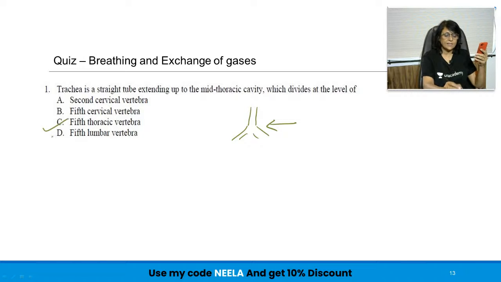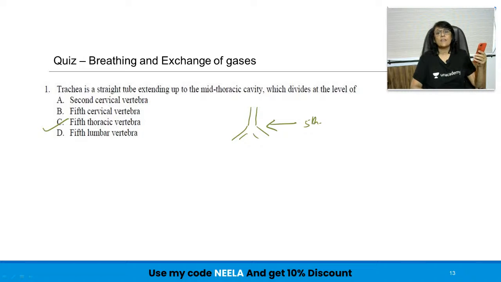The correct answer is C. It is the fifth thoracic vertebrae. How many thoracic vertebrae do we have? This is the fifth thoracic vertebra, like alignment of fifth thoracic. Hiren says 7.